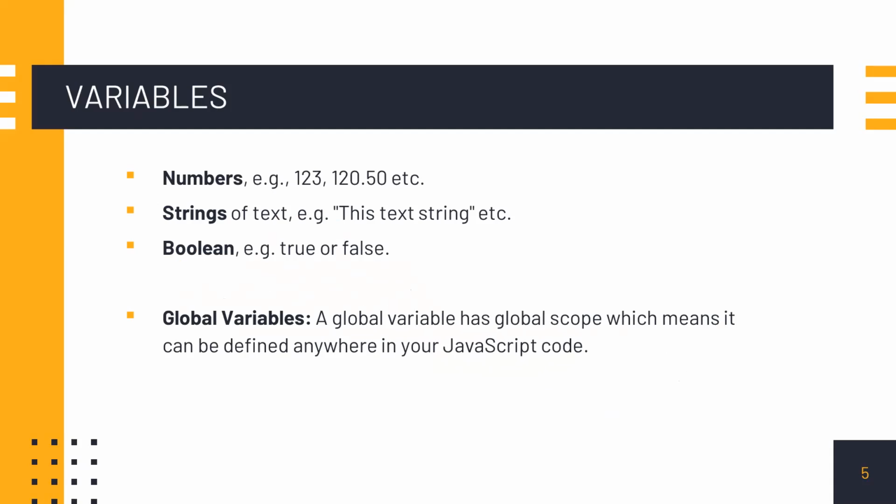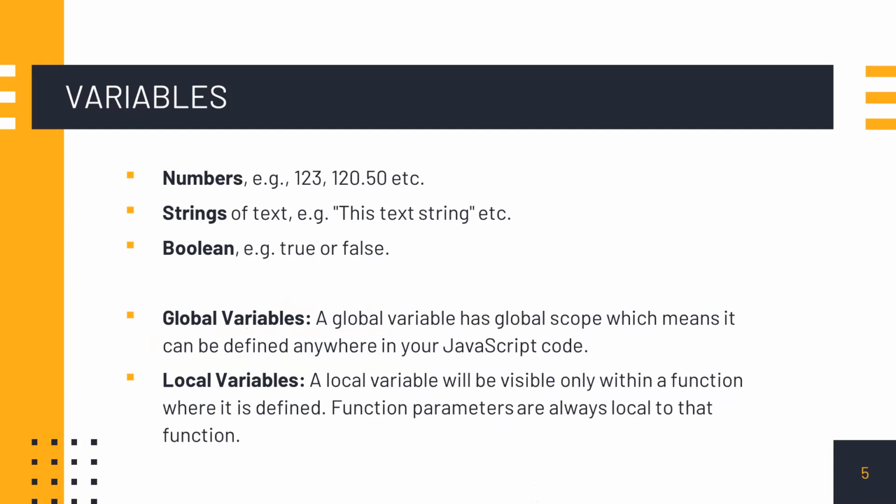If you want your variable to be used by other programs also, you usually define it as a global variable. And there are local variables. A local variable will be visible only within a function, or within the structure of code in which you define it. So it will be available only for that code, not globally. Function parameters are always local to that function.